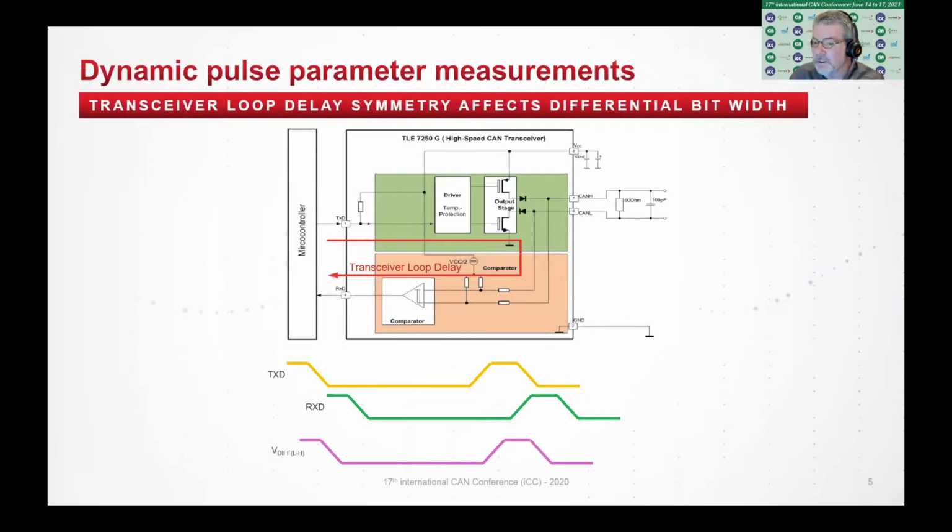There can be a difference between the delay time going from a dominant bit (low) to a recessive bit versus a recessive bit to a dominant bit. The way it should be measured is always from the 70% to the 70% when going dominant to recessive, and from the 30% to the 30% when going recessive to dominant.